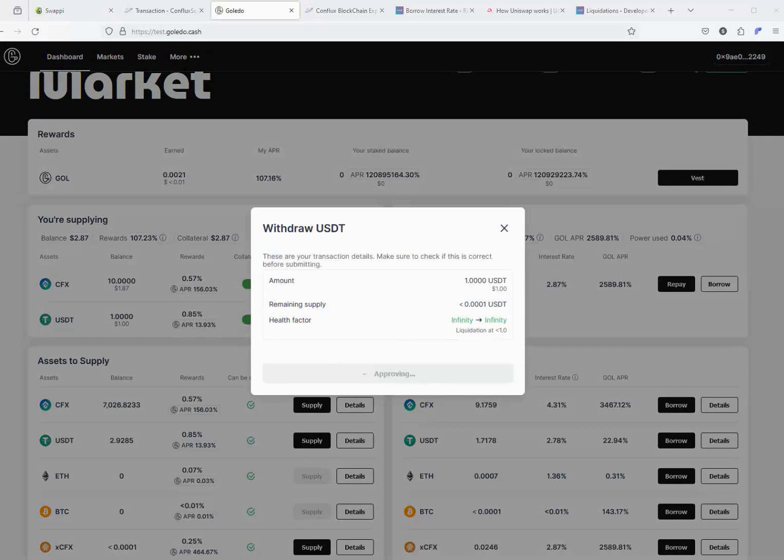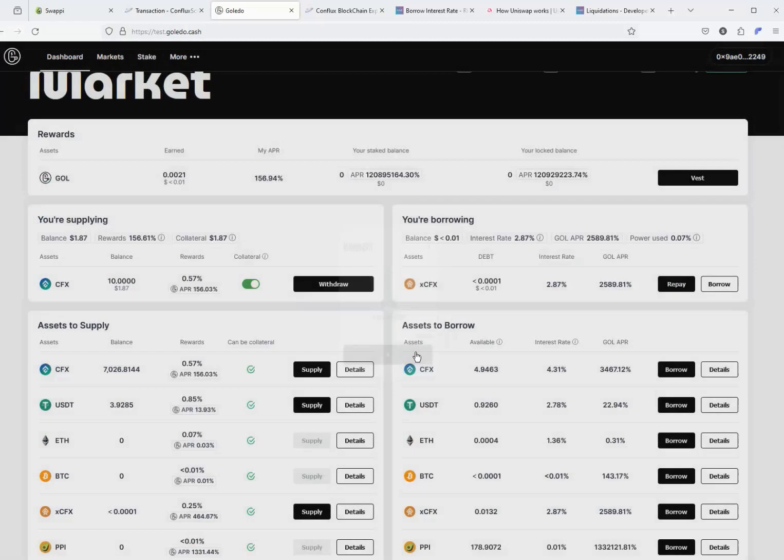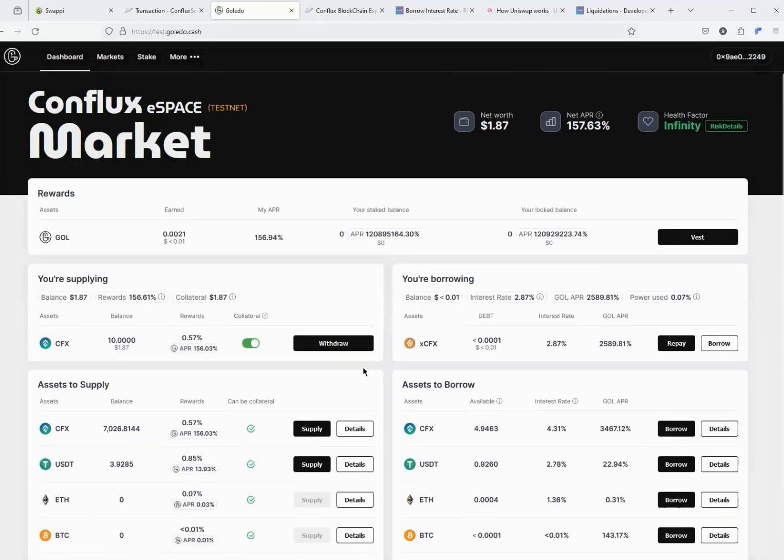Approve again. And withdraw. Yeah, it's done. So I withdrew the USDT here.